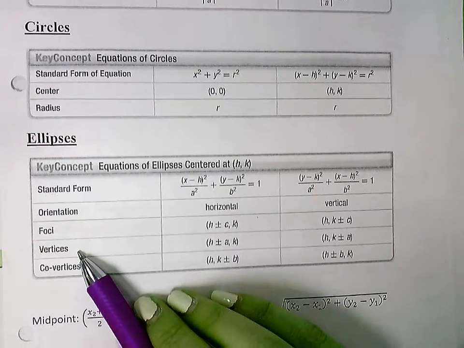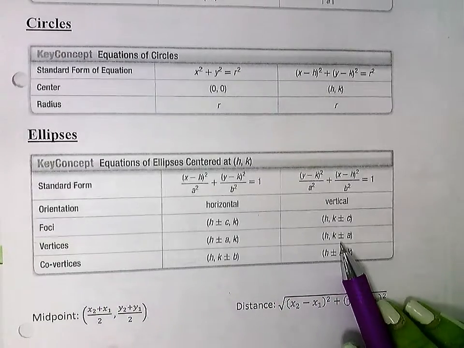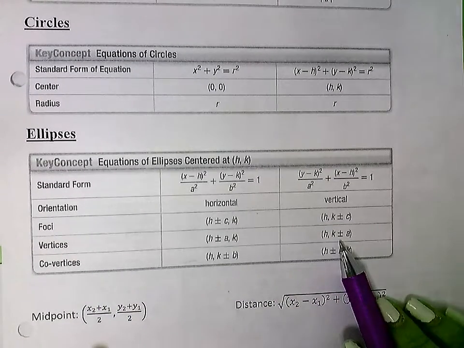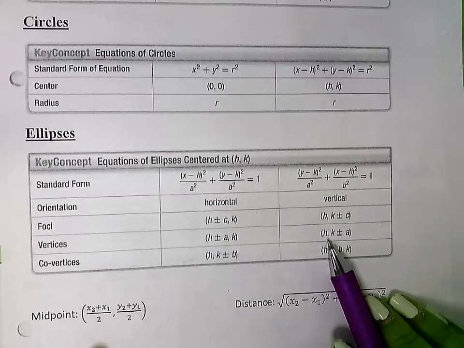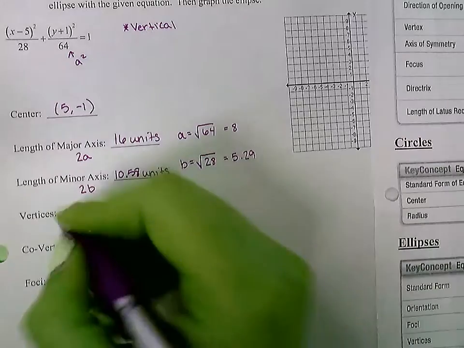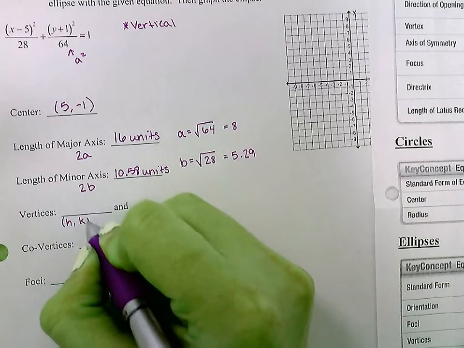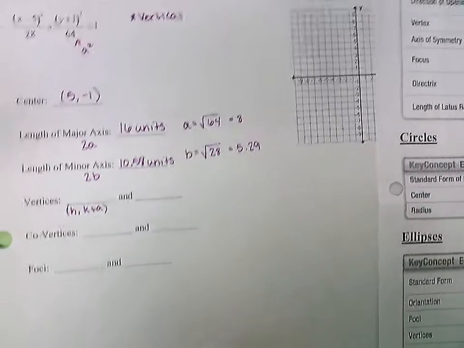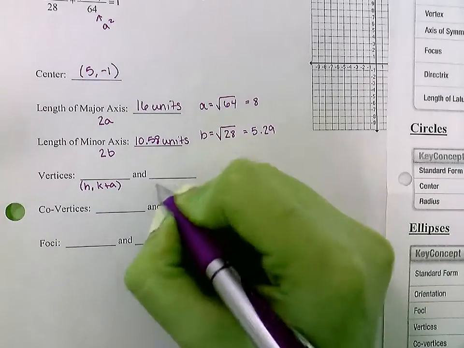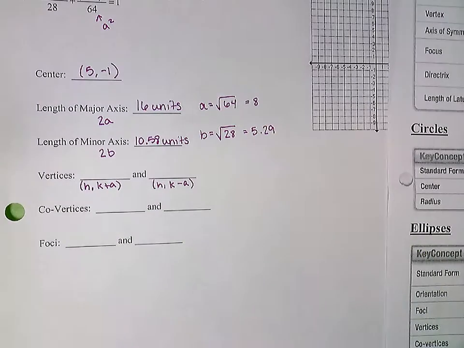This is a vertical ellipse, so for my vertices, I'm going to take h, comma, k plus a, and h, comma, k minus a. That will give me those vertices.